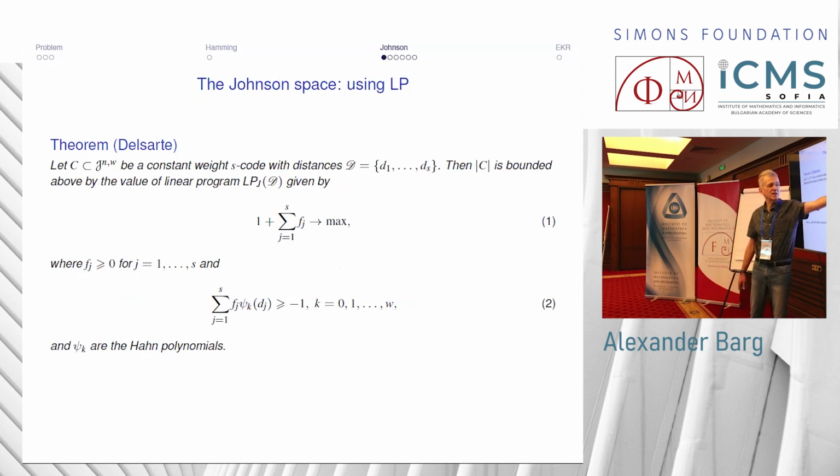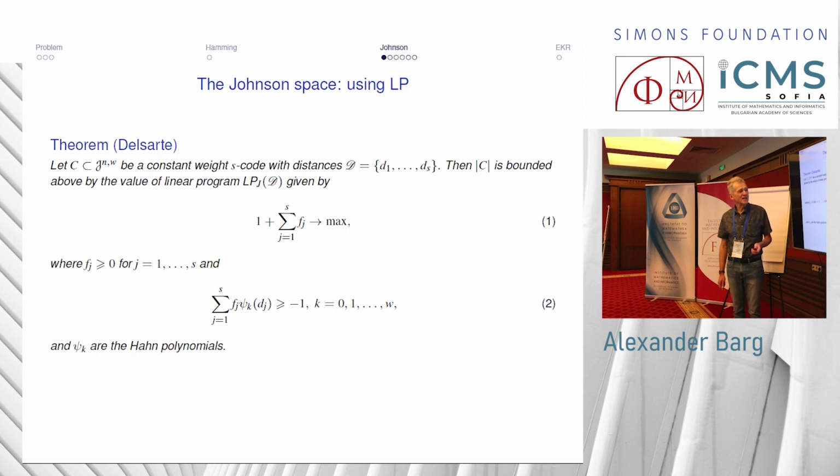So suppose that the distances are d1 to ds. And by the way, in the Johnson space, we measure the distance not as the Hamming distance, but as half of that. The reason being that if there are two binary vectors with the same number of ones, then the Hamming distance between them is always even. So we can take half of that to make this simpler. And that's what people do and call this the Johnson distance.